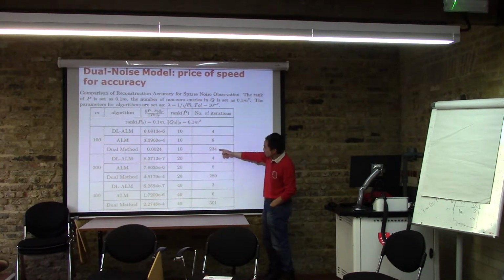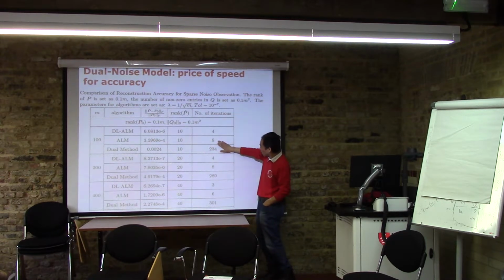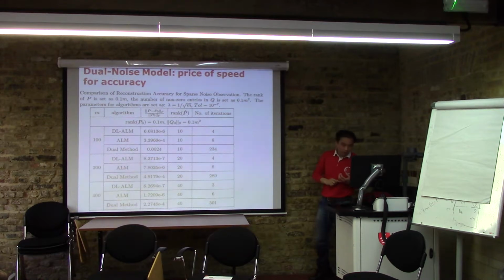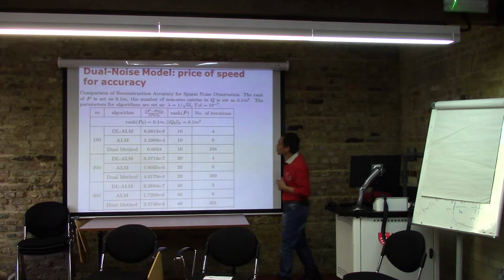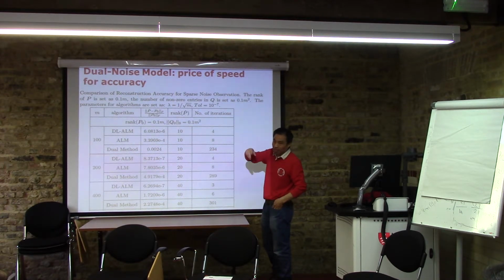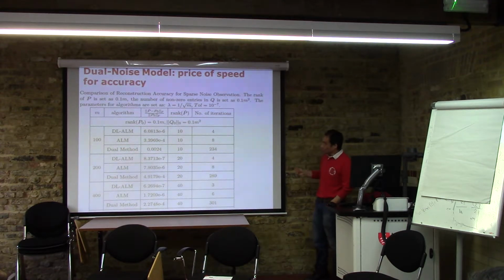So this one takes a much higher time. We pay the price of speed for accuracy. So what is M? The rank of P is set as 0.1 M. What is M? M is some parameter at the programming level.